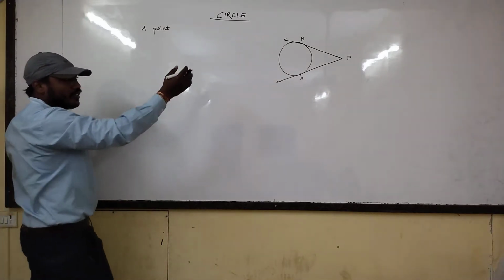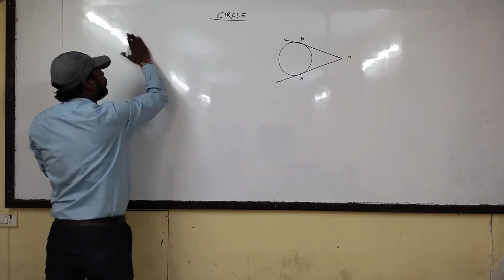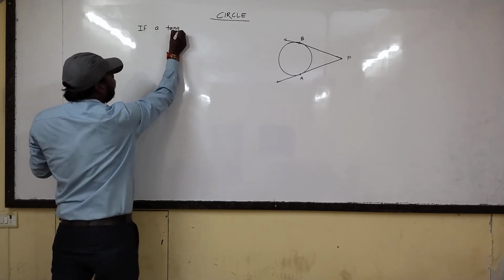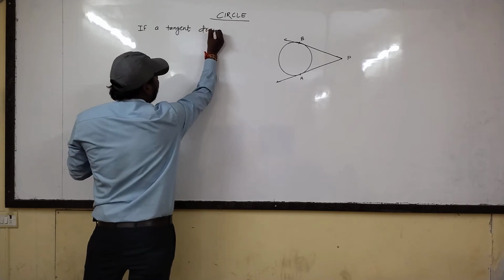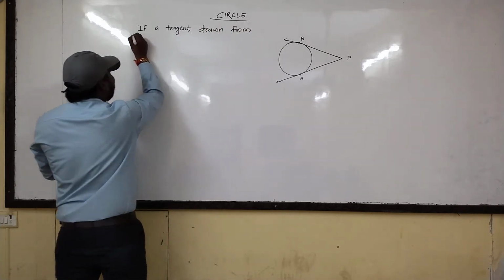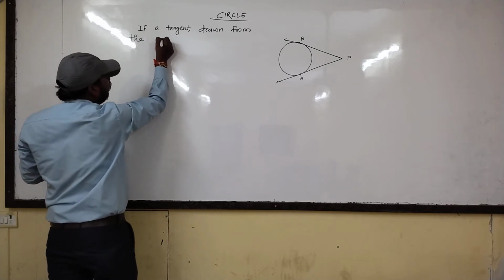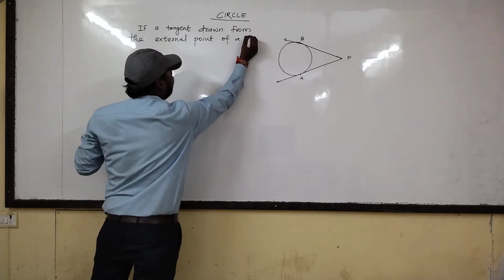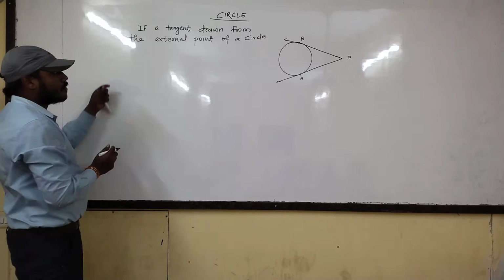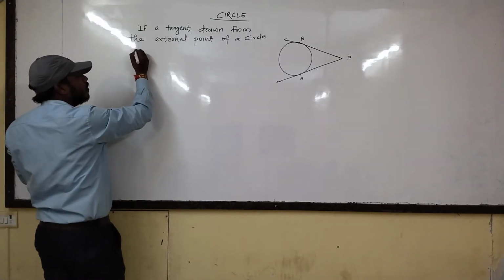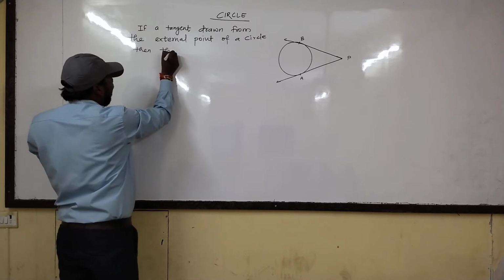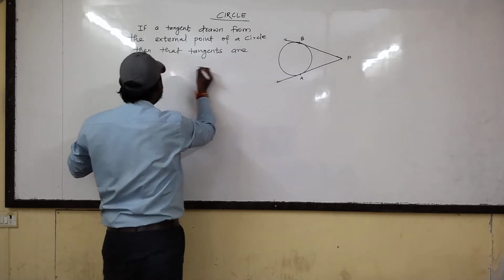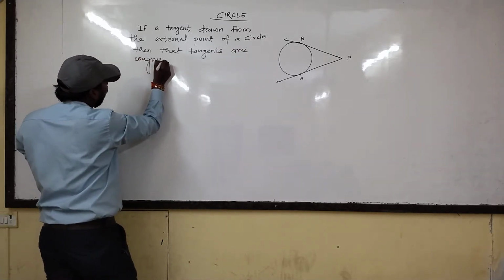If we draw any tangent to the circle, we can write it in this manner: if tangents are drawn from the external point of a circle, then those tangents are congruent. So this is a theorem.